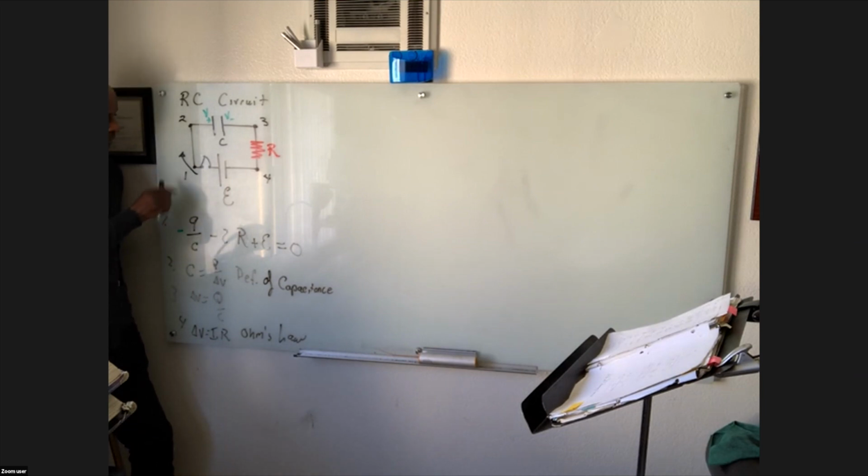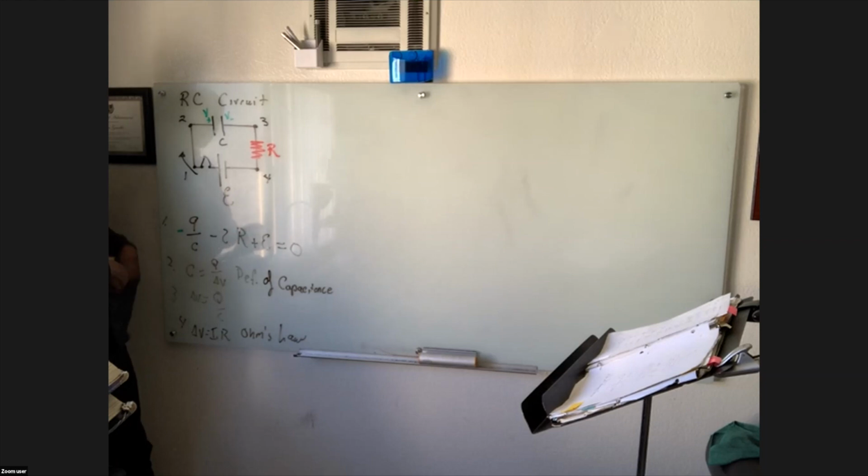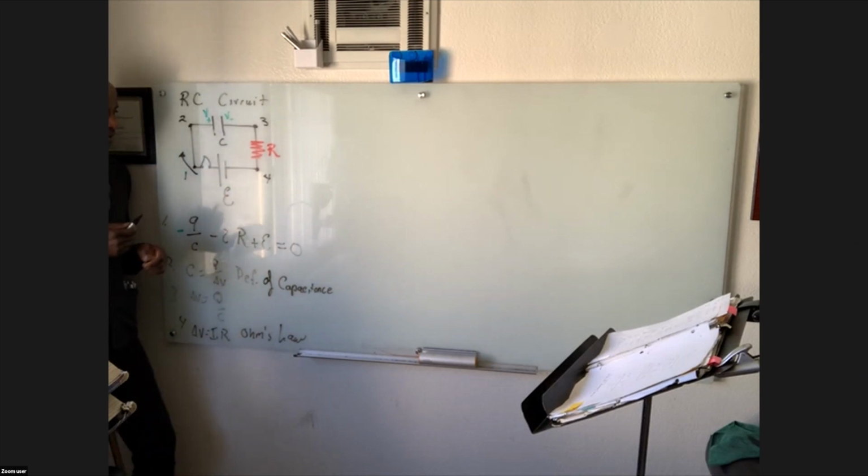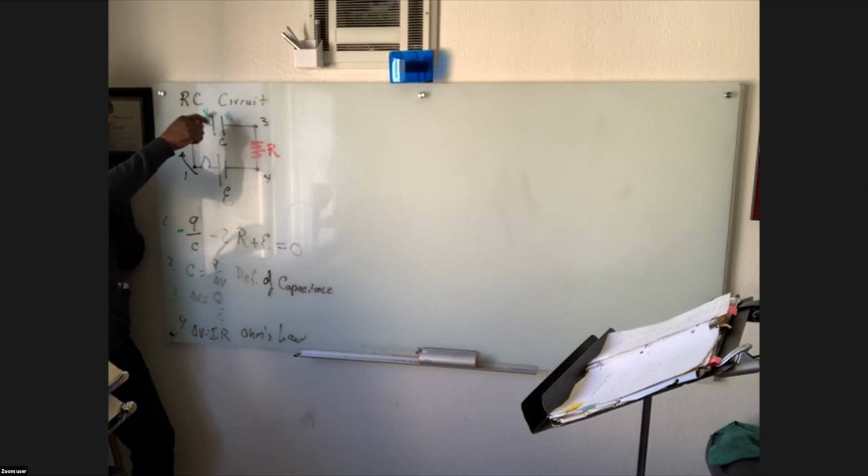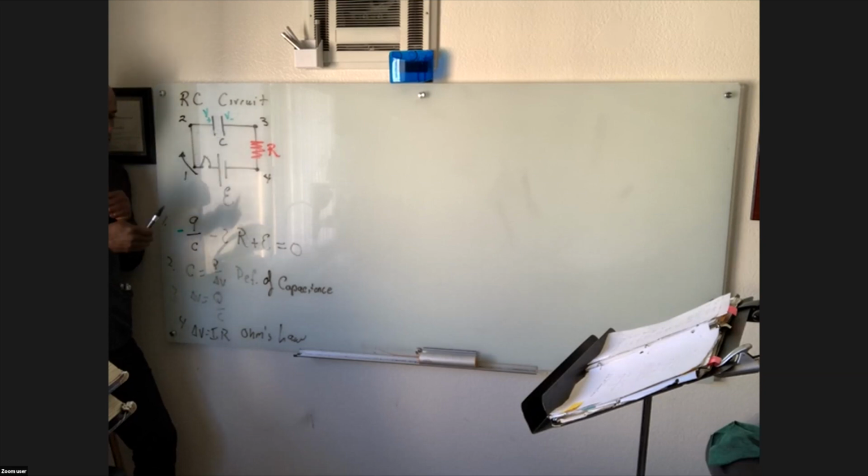What is actually happening to this current in this circuit once I close the switch? Is it a steady state, meaning a constant current, or because I have a capacitor, what's actually happening to it? Remember when we had the capacitor in the circuit alone and we evaluated that: as the capacitor charges, as Q increases, what's happening to the current in the circuit?